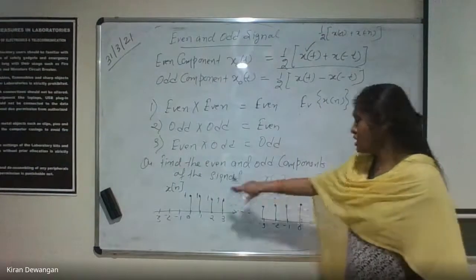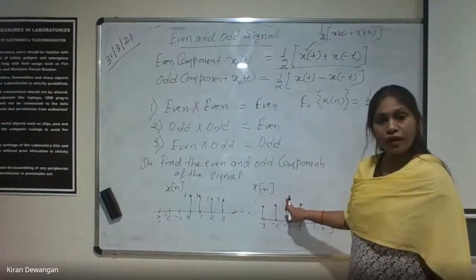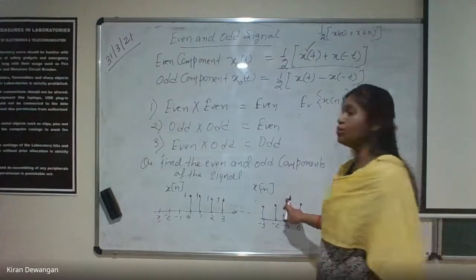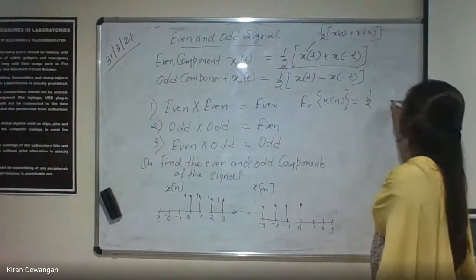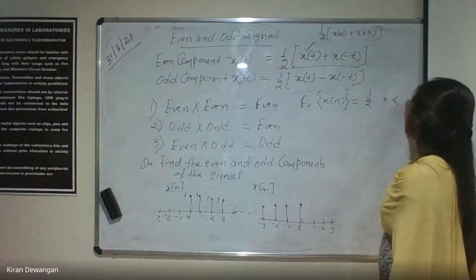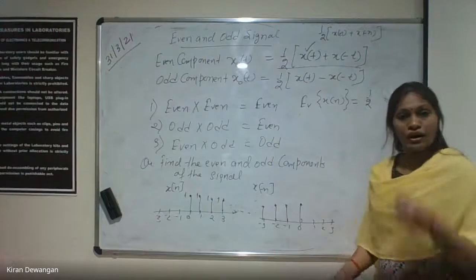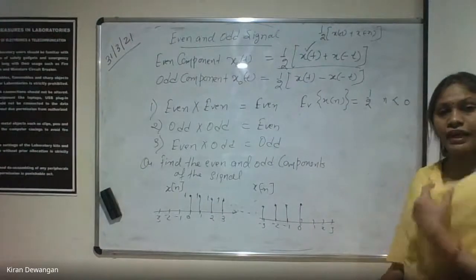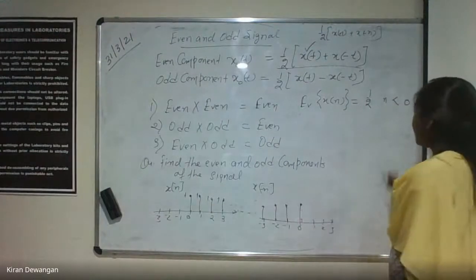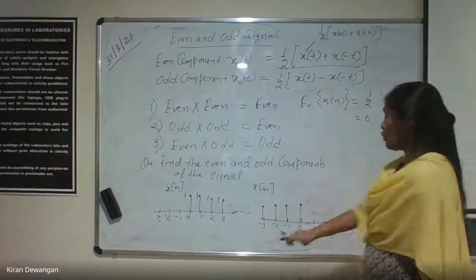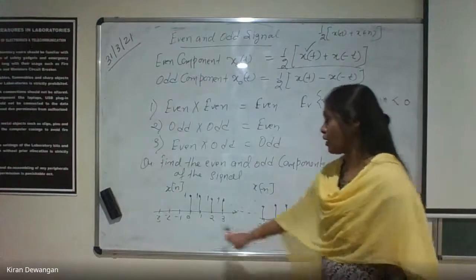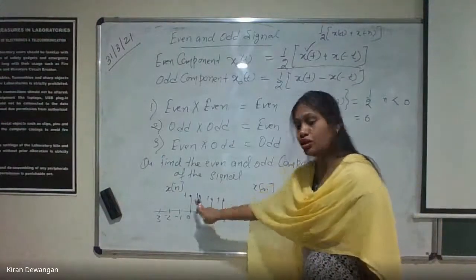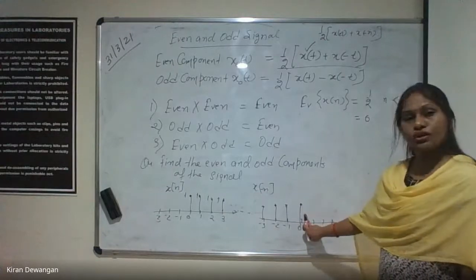So 0 plus 1 is 1 by 2. It will be 1 by 2 for n less than 0, and at n equals to 0 क्या होगा? At n equals to 0 this is also 1 and this value is also 1.